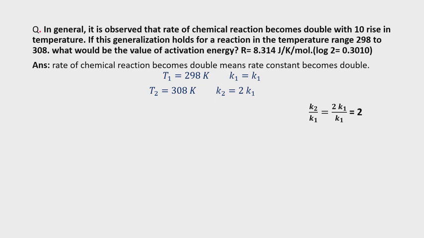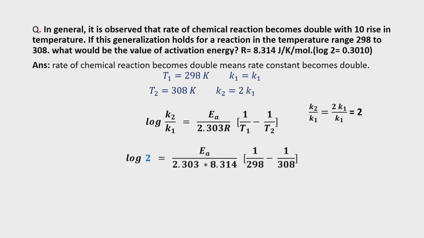Next, write the equation. This is the equation all of you know. Now whatever values we have, we substitute them in this equation. Log 2 equals Ea by 2.303 into 8.314 and 1 by 298 minus 1 by 308. Now you will get the Ea value as the answer. Log K2 by K1 equals log 2.